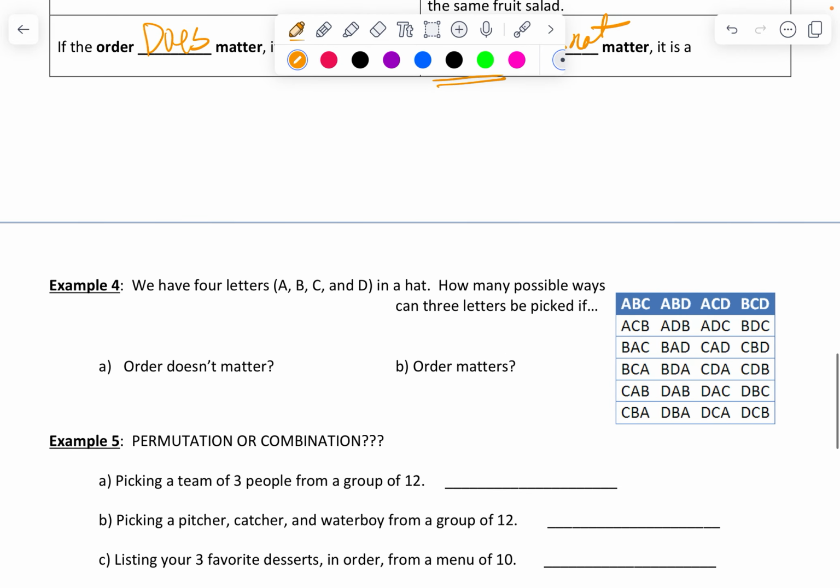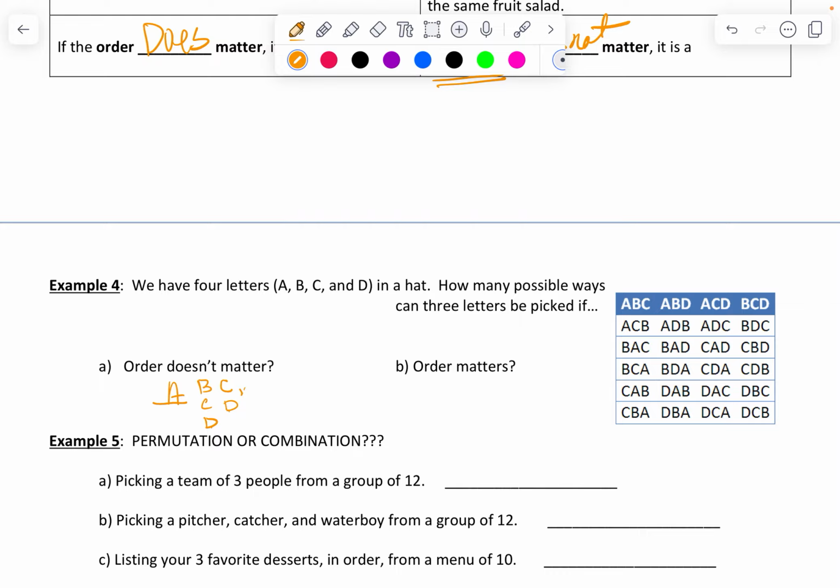Okay? So let's look at an example. We have 4 letters in a hat, A, B, C, D. How many possible ways can 3 letters be picked if the order doesn't matter? So if the order doesn't matter, then you have the first letter, you have an A, then you can have B, C, D, and then from there you would have C, or you could have C, D. I could have B, or D. I've already used D with both.